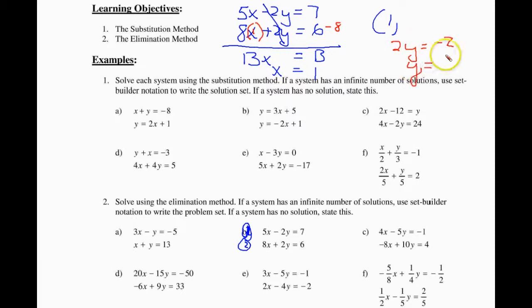Solve for y, it's a negative 1. Wow. Again, both easy, and we want to start easy. This was using the elimination method where we set them up in standard form, add them up to eliminate one of the variables. And then once we find one, we solve for the other letter.